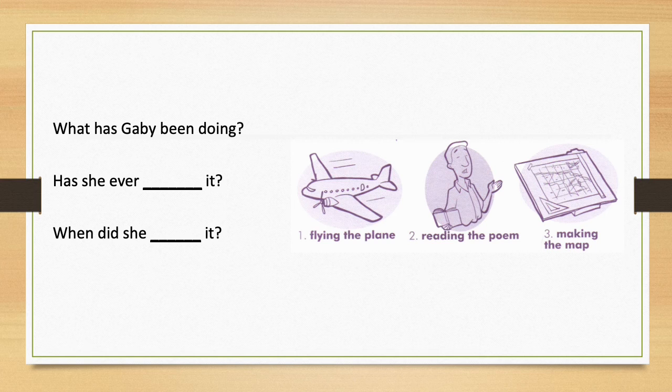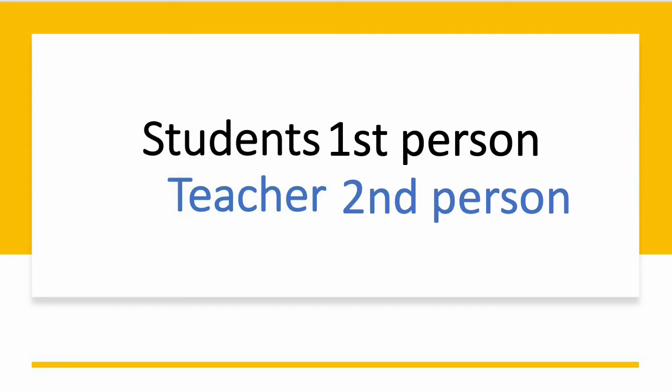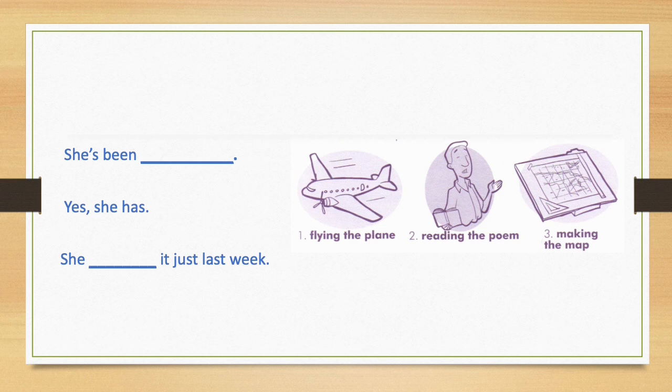When did she read it? What has Gabby been doing? Has she ever made it? When did she make it? Students first person, teacher second person. Ready? 3, 2, 1.